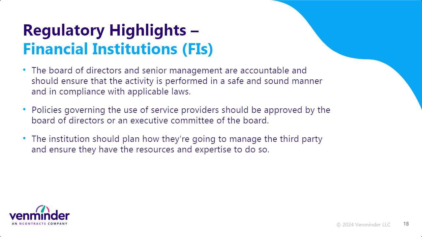Other similarities include that when a third party is identified to provide products or services, institutions have to take some time out and plan how they're going to manage that third party and make sure that they have resources to do that. And resources don't just include the time it takes to manage a third party, but also that the person or people doing so have the right level of expertise.